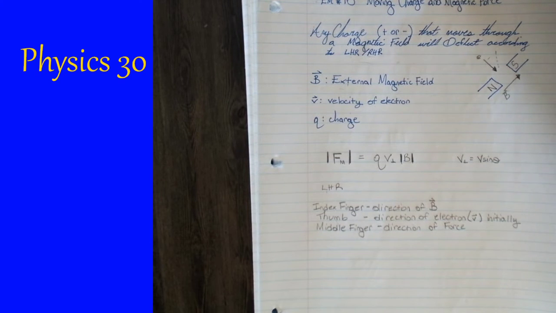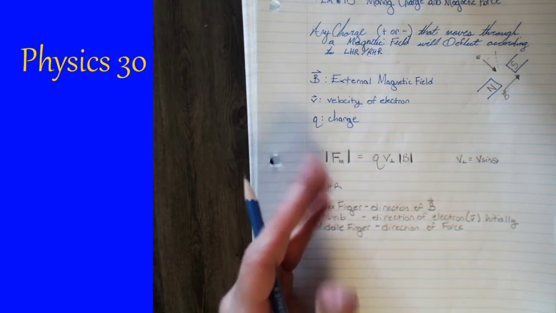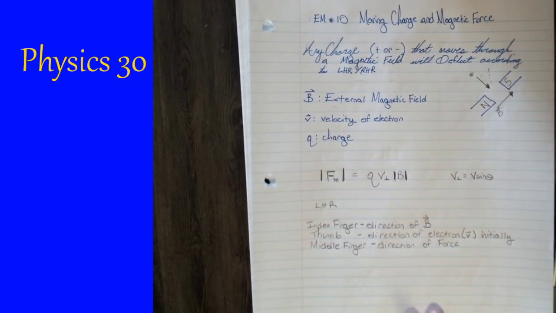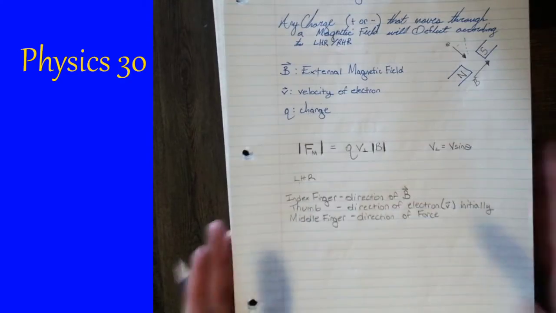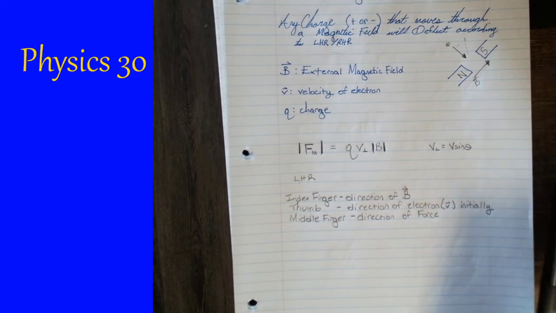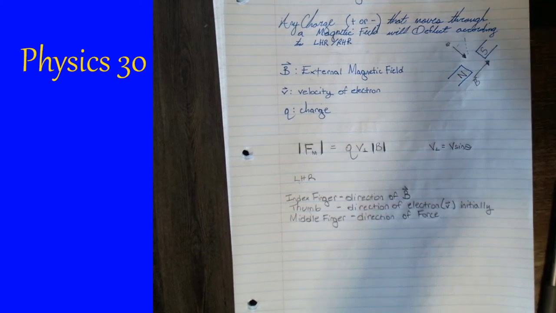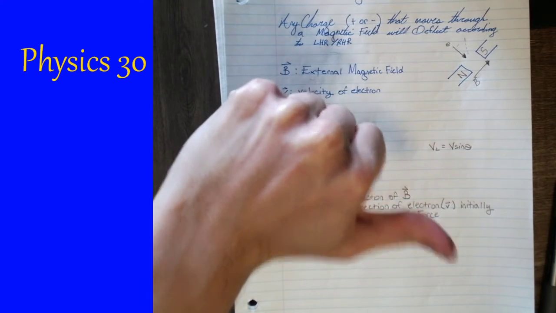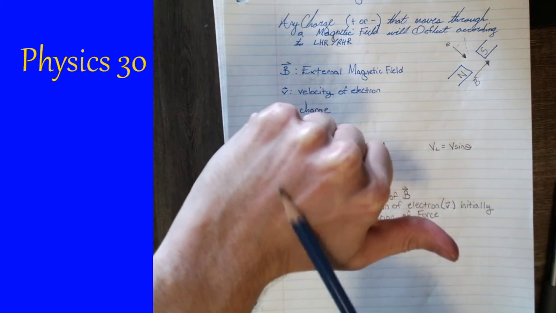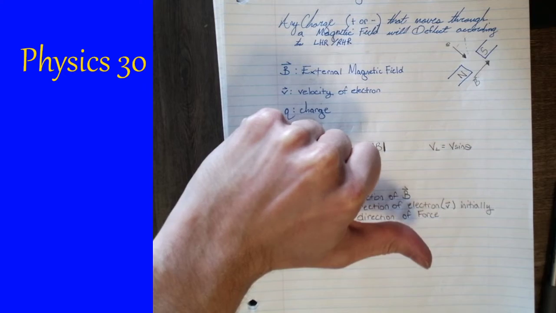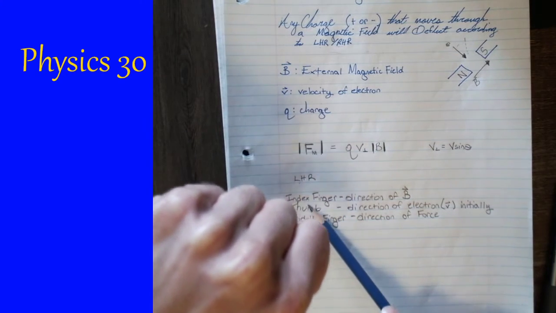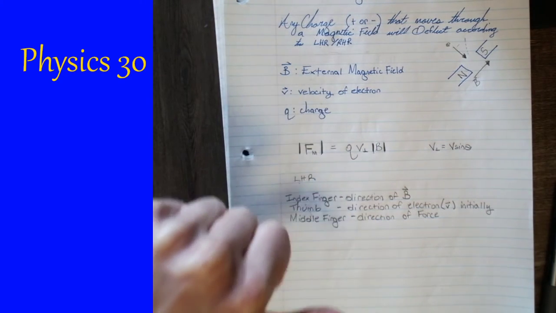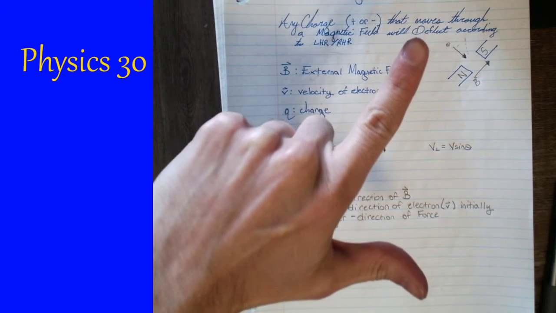So here's a little bit about how that works. And sometimes when we're doing this two-dimensionally, hopefully it'll make sense, but let's actually get the direction that the electron will deflect. So the thumb represents the direction the electron moves initially. So electron's going that way, using my left hand. The magnetic field is my index finger, and that points this way.